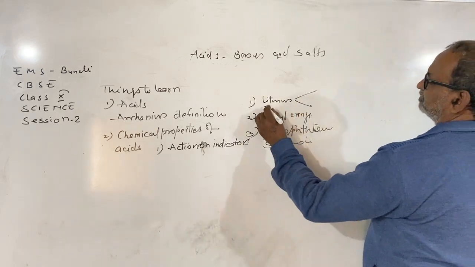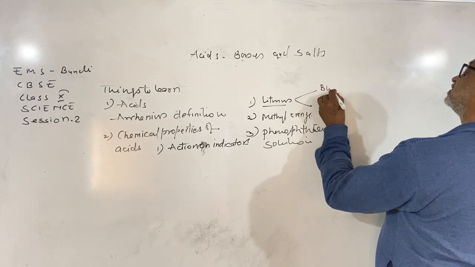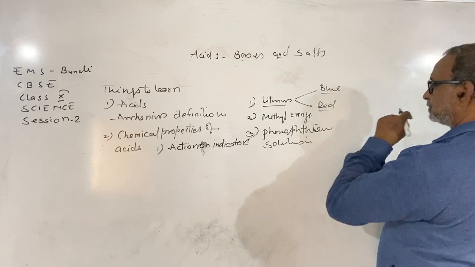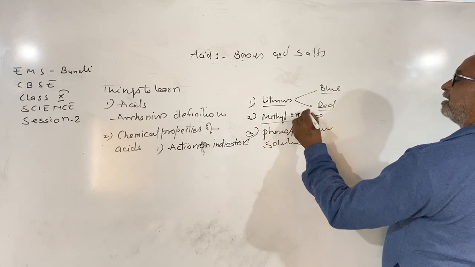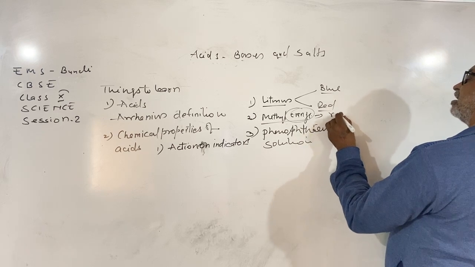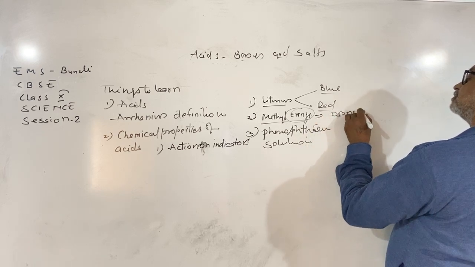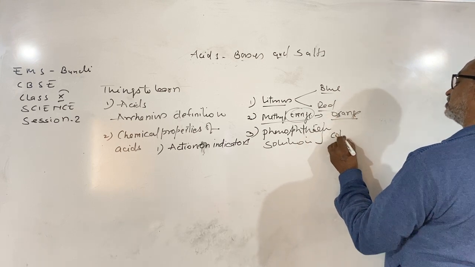There are two types of litmus: blue litmus and red litmus. In neutral state, methyl orange is orange in color, and phenolphthalein solution is colorless.